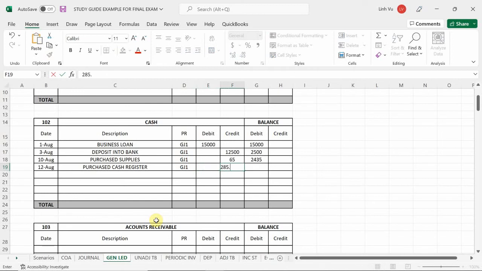Which cost you $285.60. So what is your account balance in your cash account? $2,149.40.